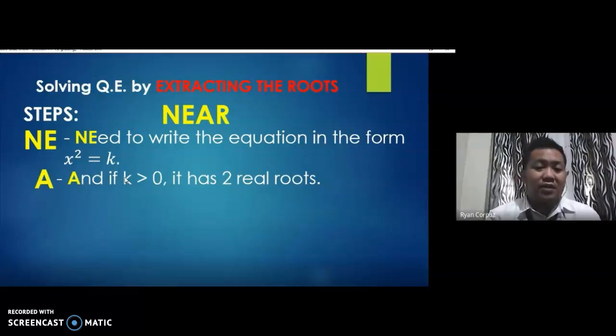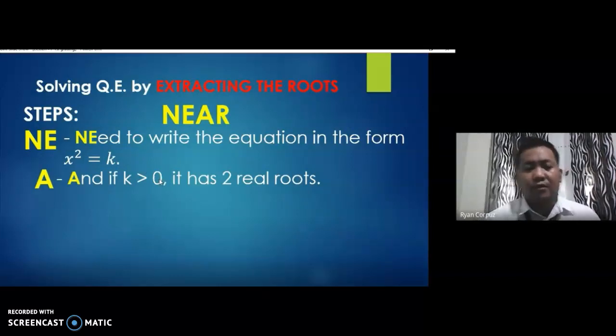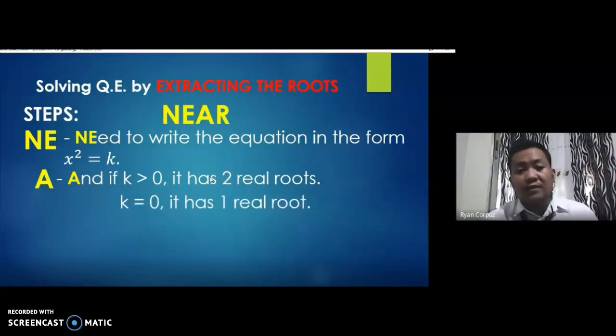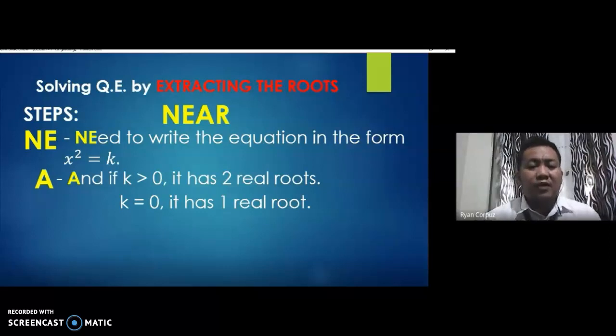So right away, if you have written the equation in the form x squared is equal to k, and you find out that your k is greater than 0, or a positive number, then the given quadratic equation has 2 real roots. Well, if your k is equal to 0, for example, x squared is equal to 0, it has 1 real root.